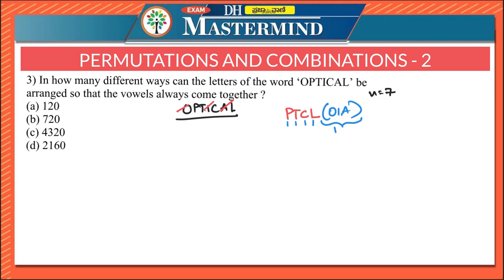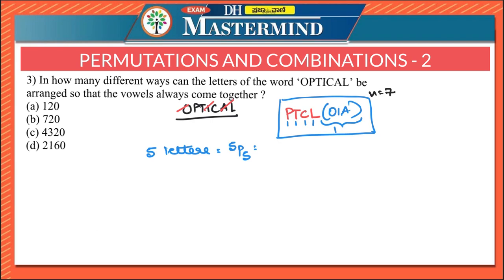These can be arranged in 5P5 ways, that is, 5 letters taken 5 at a time.